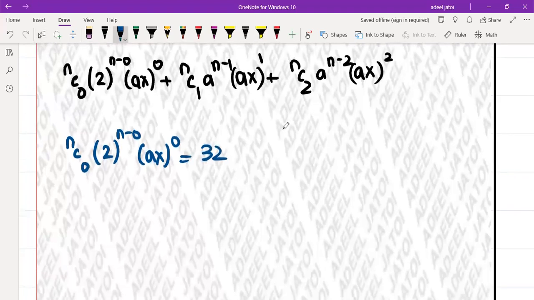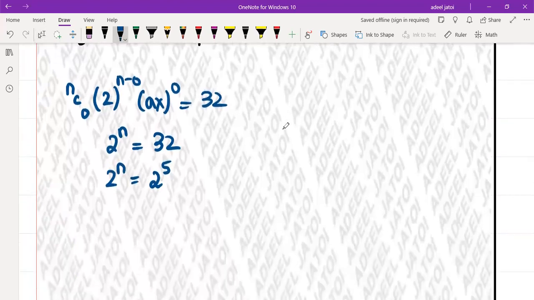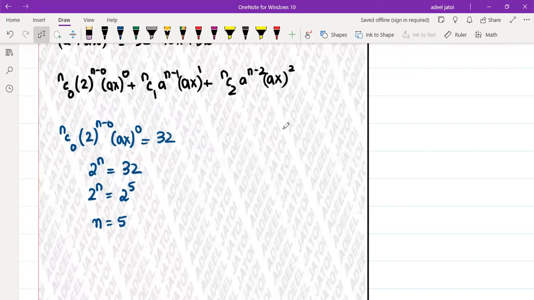So we can write this as 2^n is equal to 32. 2^n should be 2^5. When bases are the same and equated, powers are equated. So n is equal to 5.